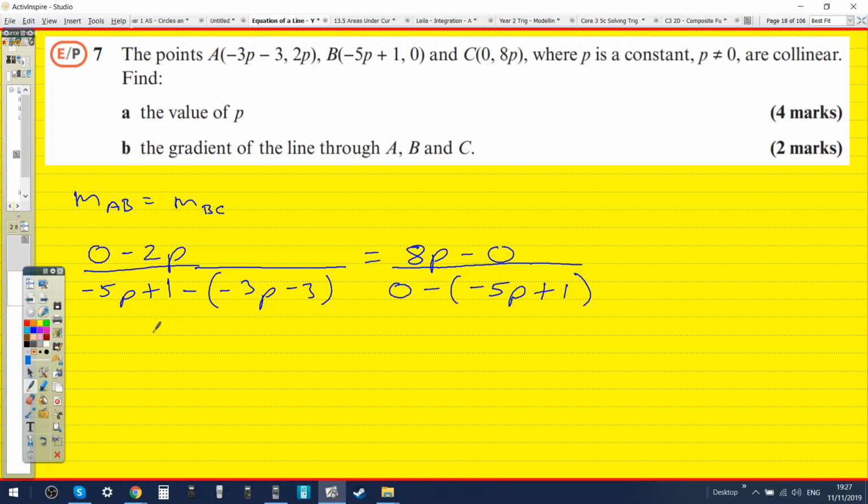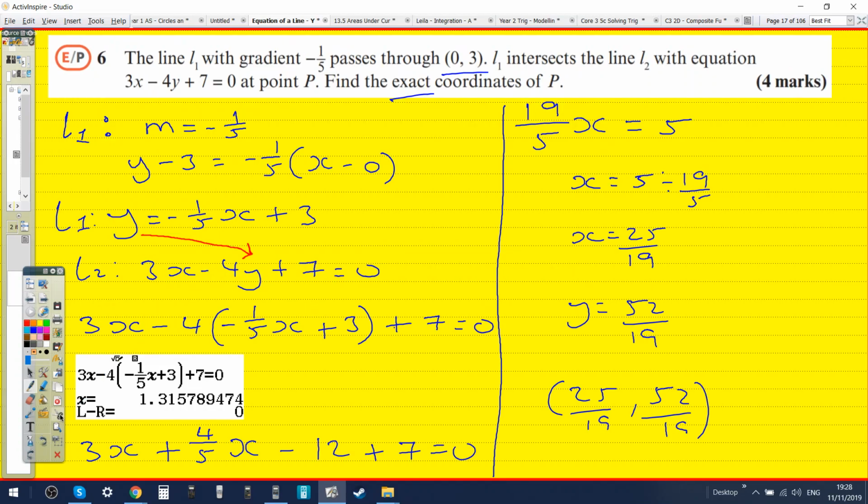What would you do next? Would I then times both denominators by the opposite sides? You could, but technically you could put the whole thing in the calculator and use x instead of p. Right, okay, I'm gonna do that.